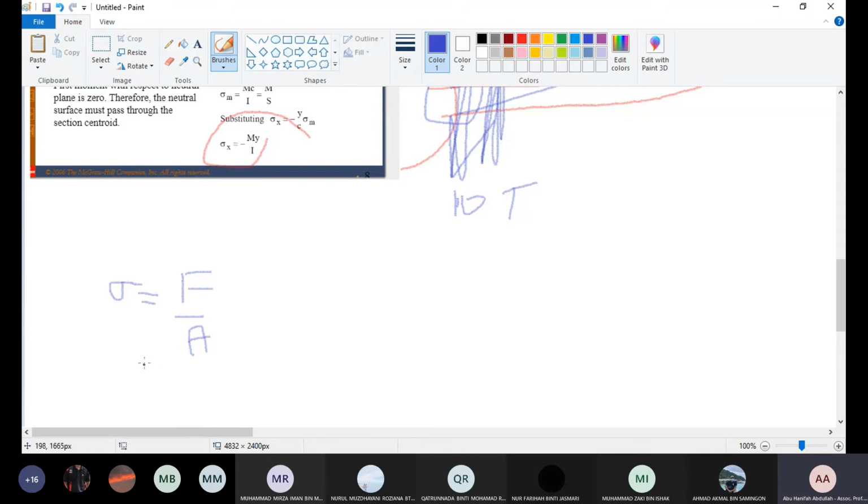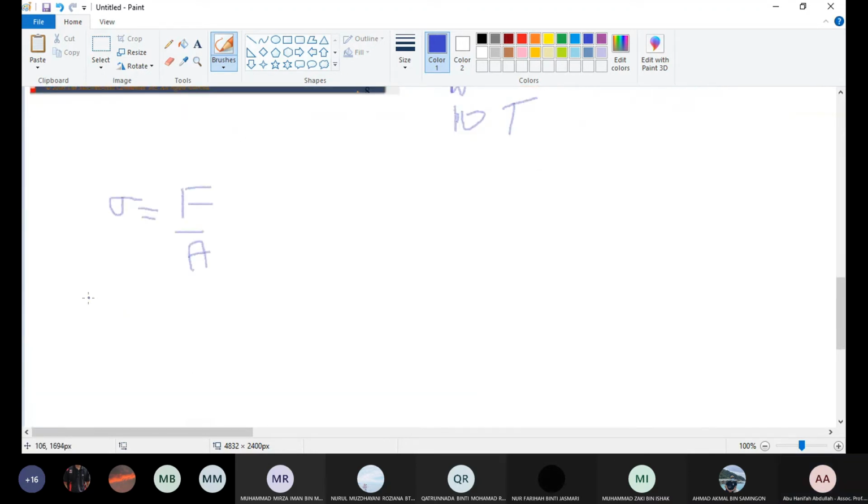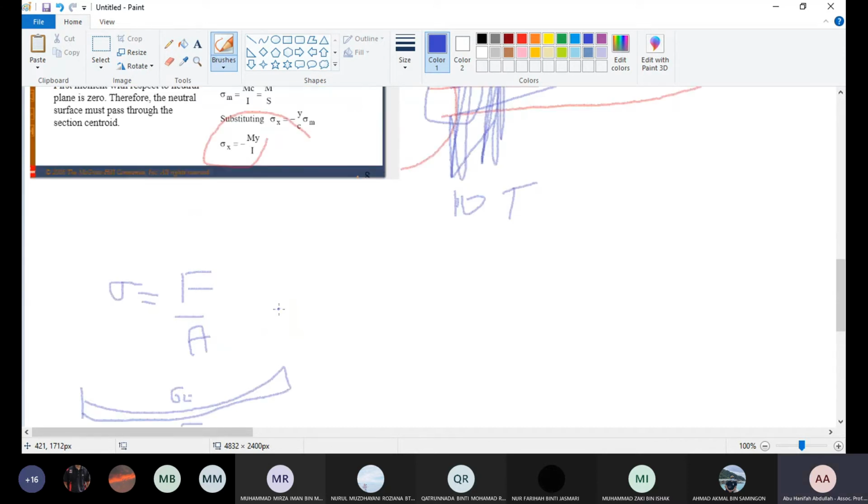For the bending, we bend something. So the top here is under compression, and here is tension.